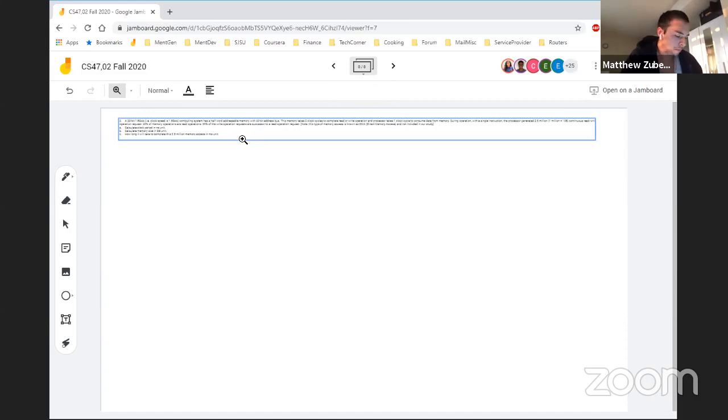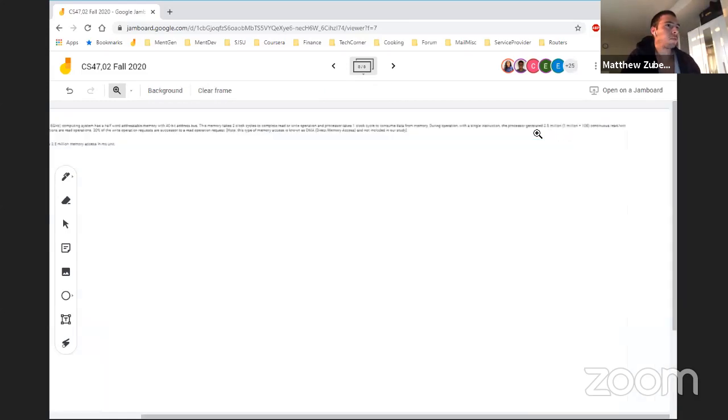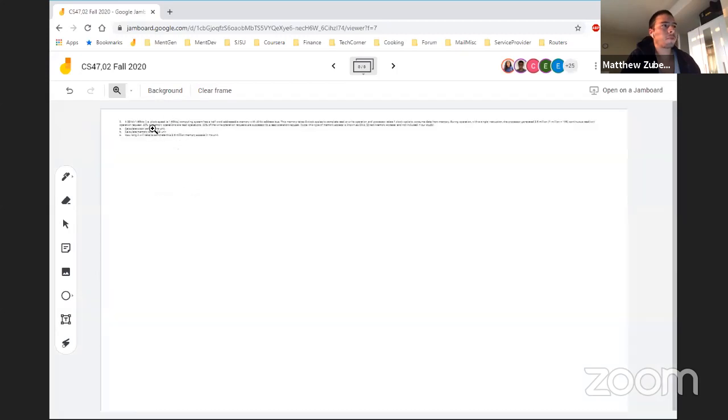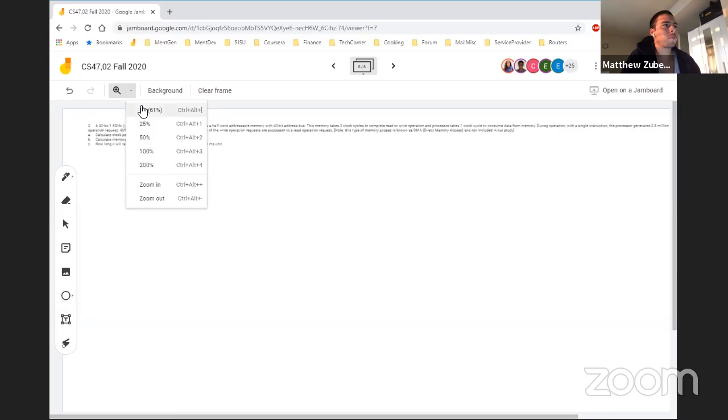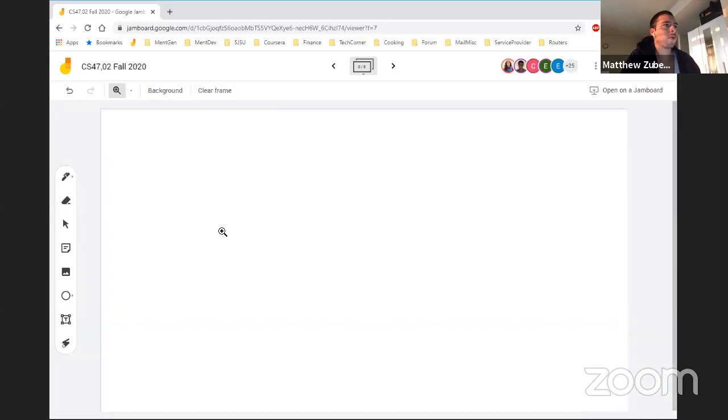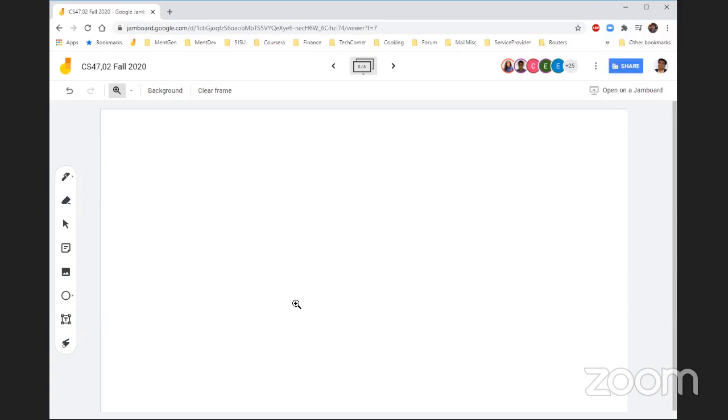Okay, let me clear the frame. If you paste with Control-Shift-V, it won't keep the formatting. Okay, let me try that.